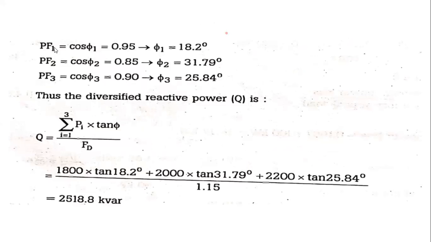Then power factor 1, PF1, is cos phi 1, which is 0.95.